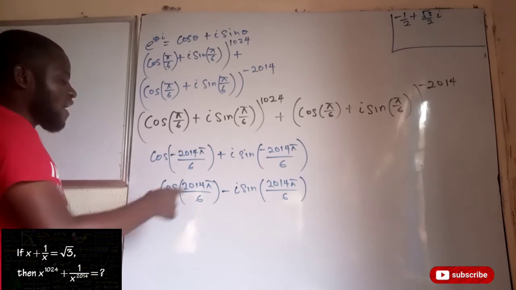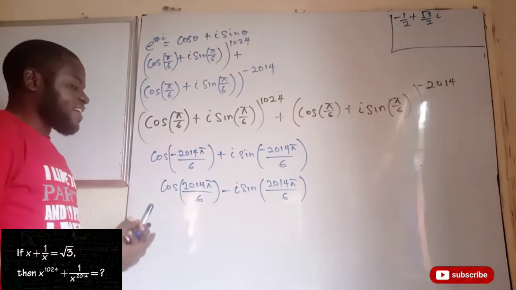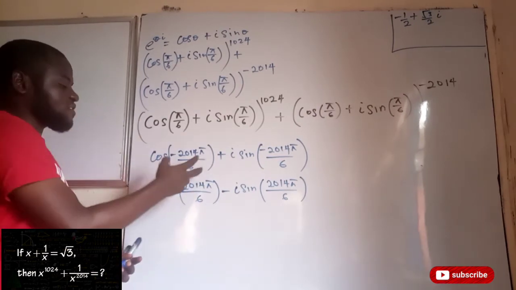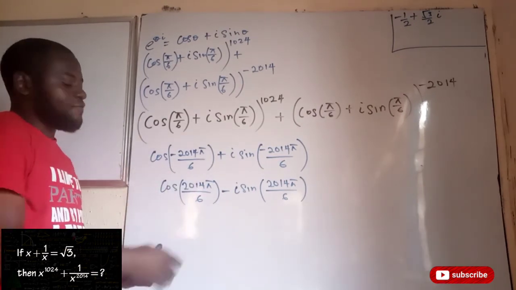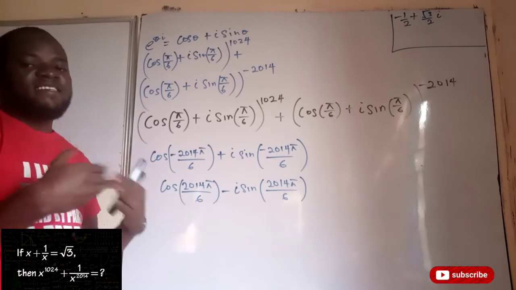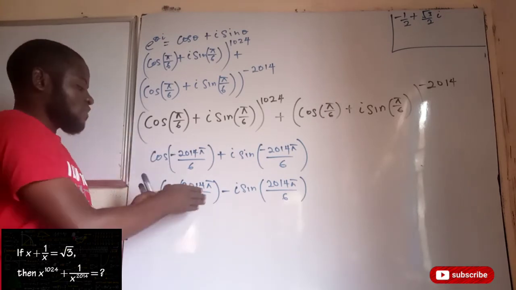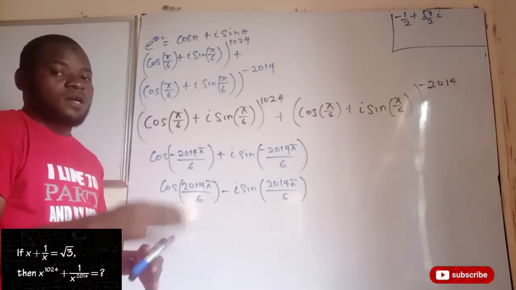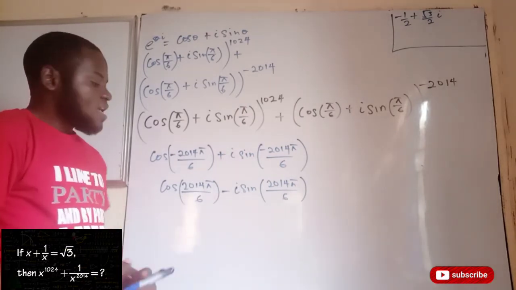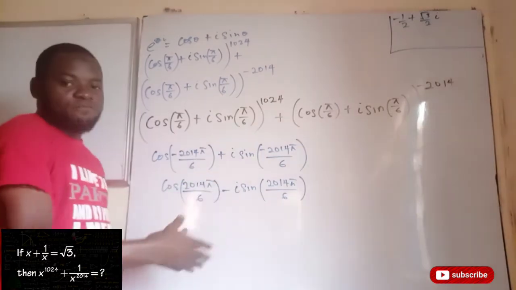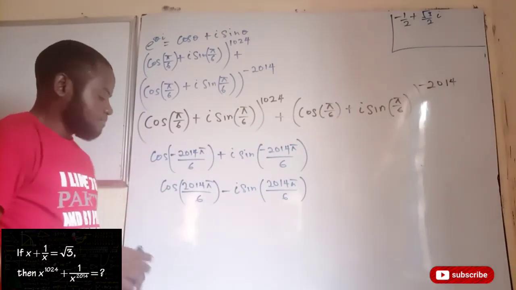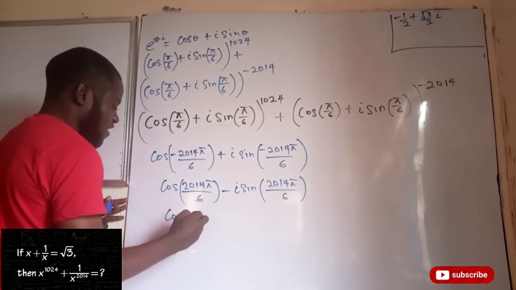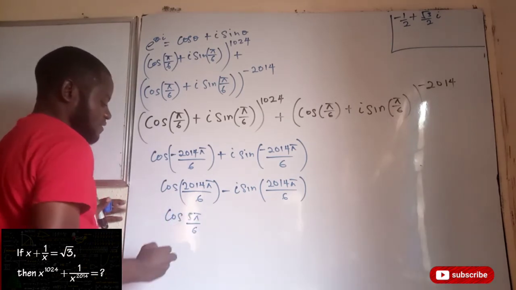Again, this value is absolutely greater than 2 pi. Hence, I need to continue subtracting 2 pi from this value until it reduces to either what? 360 or below. So if I continue subtracting 2 pi from this now, I will end up having cos of 5 pi divided by 6.